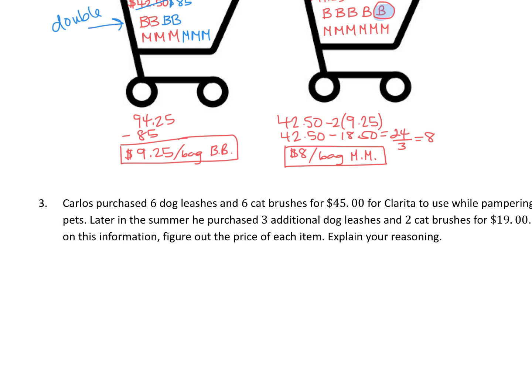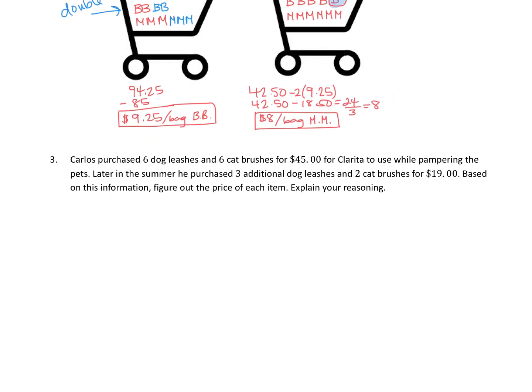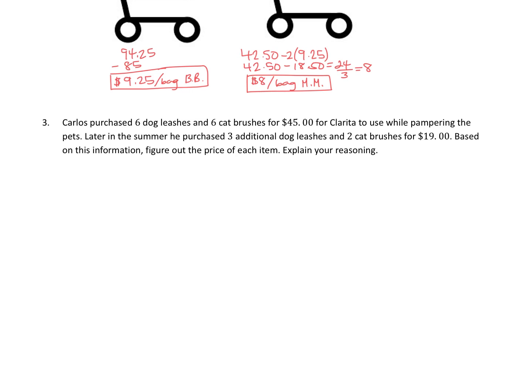So it looks like the next purchase he made was dog leashes and cat brushes. And again, he doesn't remember the cost of each item, but he has his totals. So let's go ahead and add 2 more shopping carts. So add that one.